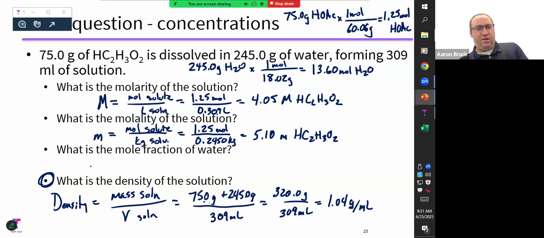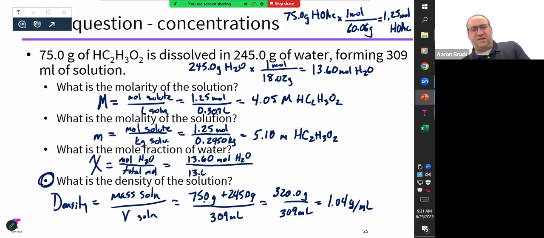For mole fraction. Mole fraction is equal to the moles of the thing that we're interested in, which in this case is water, divided by the total moles. Well, the moles of water are 13.60. And the total would be 13.60 for the water, plus 1.25 for the acetic acid.